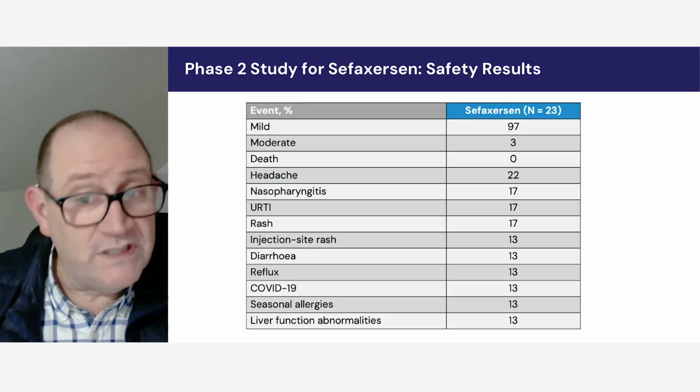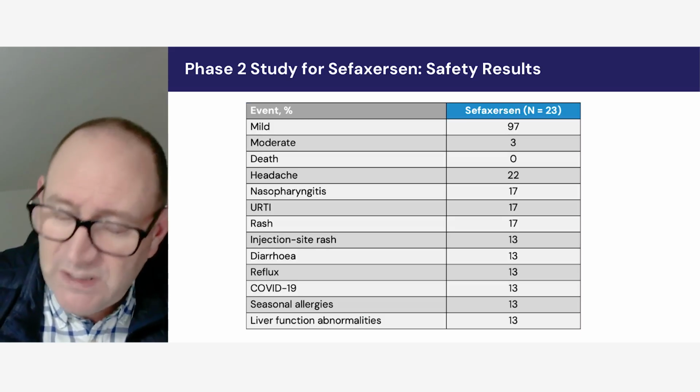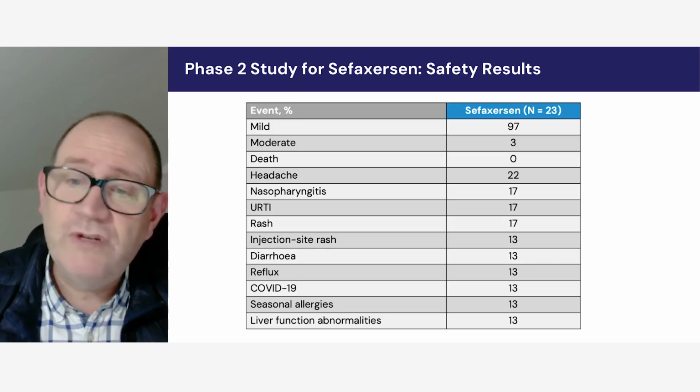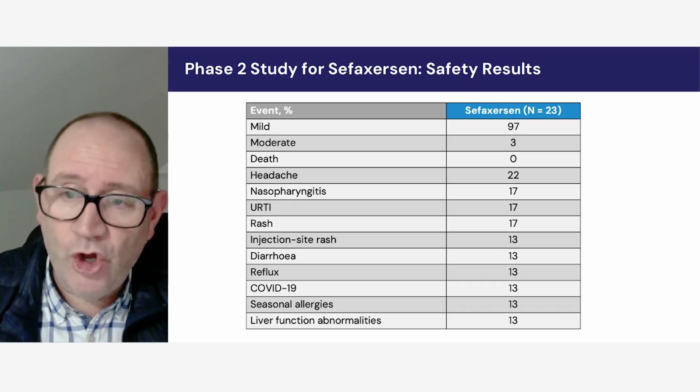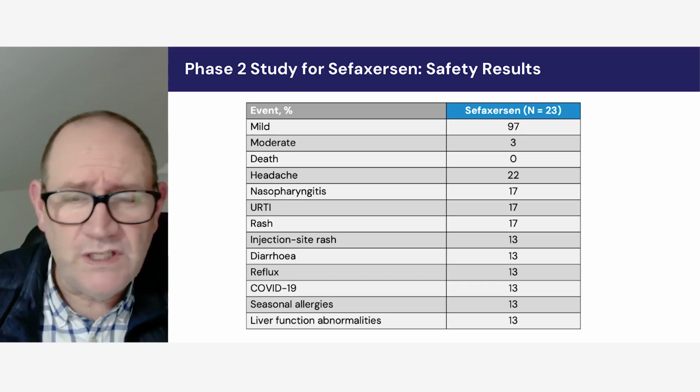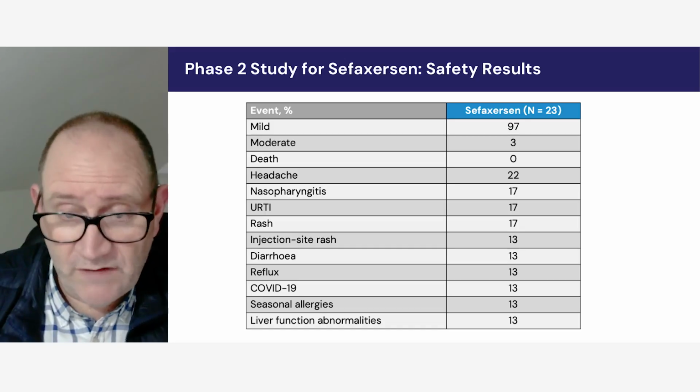The treatment was safe and well tolerated. Remember, we don't have a placebo group to compare, but you can see the treatment emergent adverse events on the screen at the moment, and most of these were mild in severity.